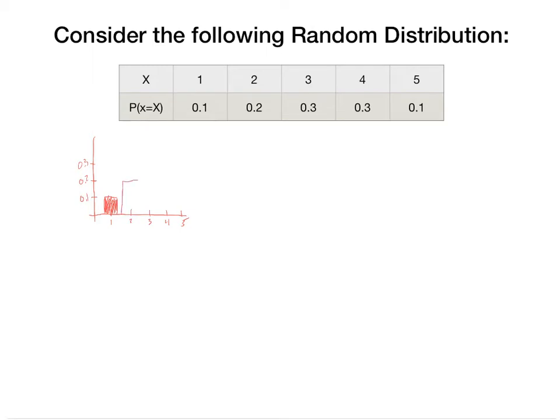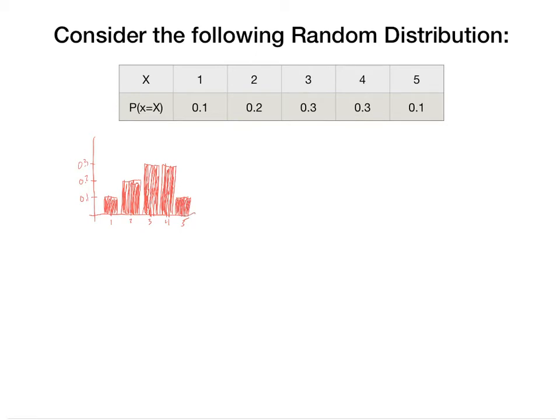You could put this together if you wanted, more histogram style. It doesn't really matter. 3 will go up to 0.3. And then 4 will go up to 0.3. And then 5 will go up to 0.1, just like that. So there's our bar graph.